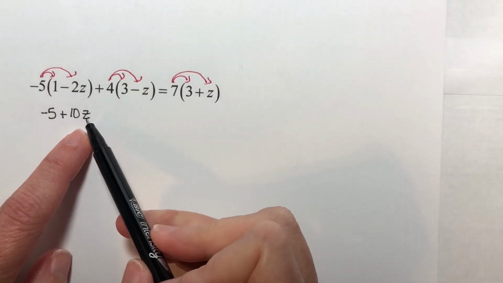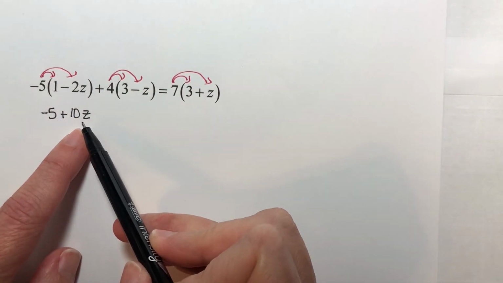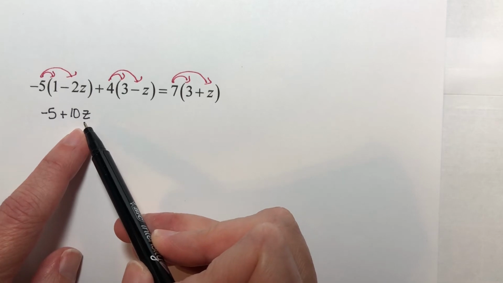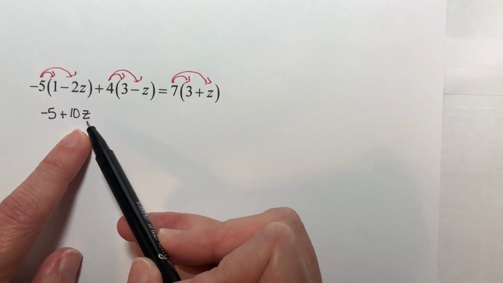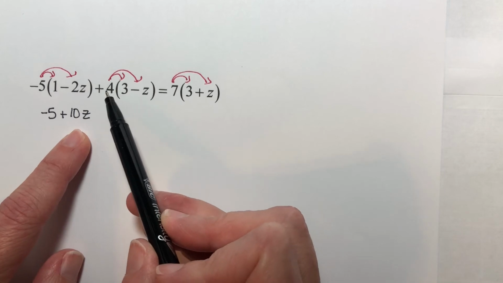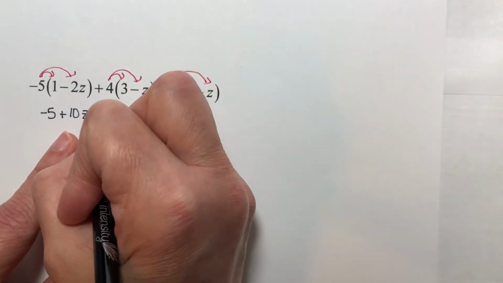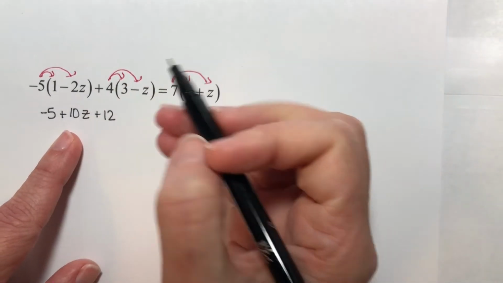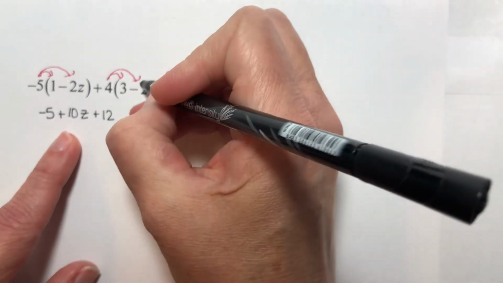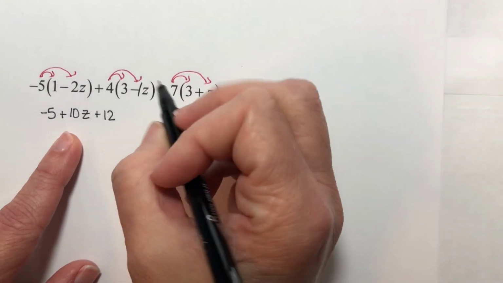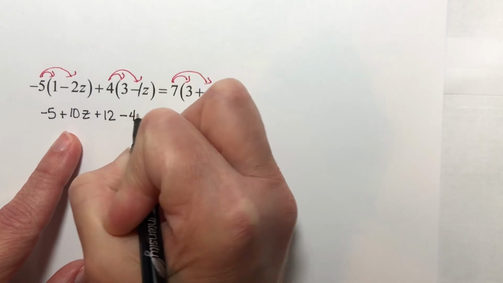Notice how I put a line through my z? That's because my 2's tend to look a lot like my z's. My z's will always have a little line through them. 4 times 3 is 12. 4 times, remember that's a -1. 4 times -1z is -4z.